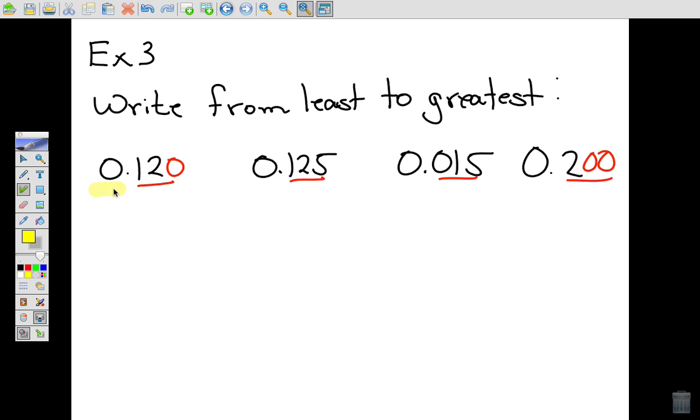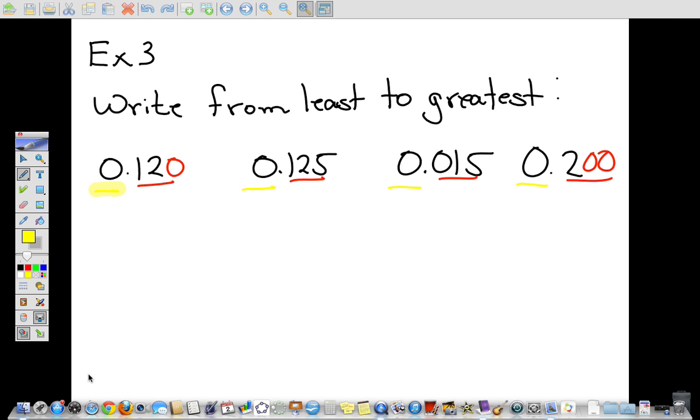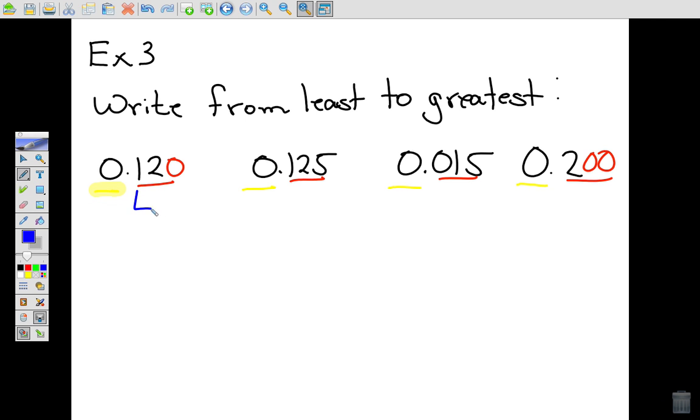So 0, a 0, a 0, and a 0. I can't compare them, right? Let's go to the next digit. And I'll put this in blue. Okay, 1, 1, 0, 2. 0 is smallest. This is the smallest one.